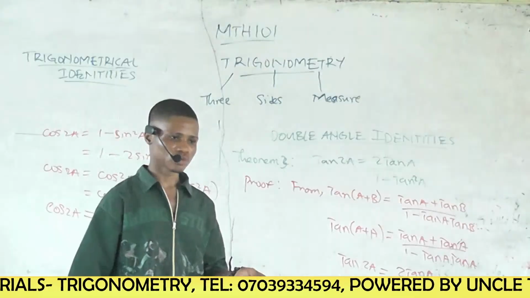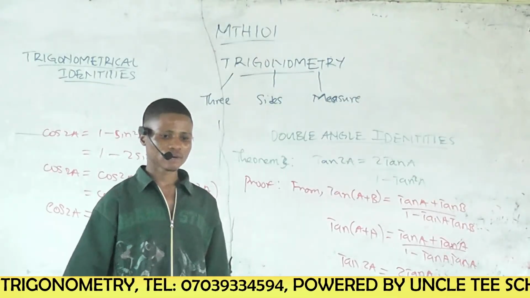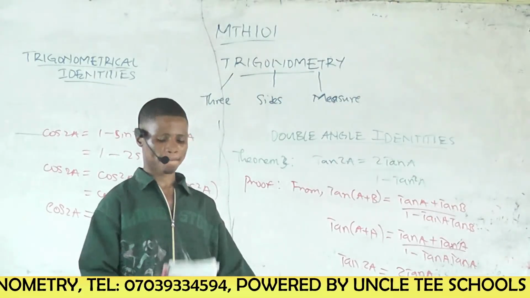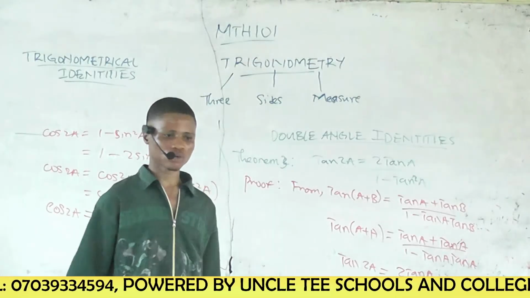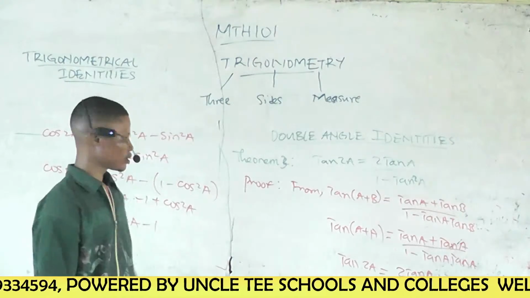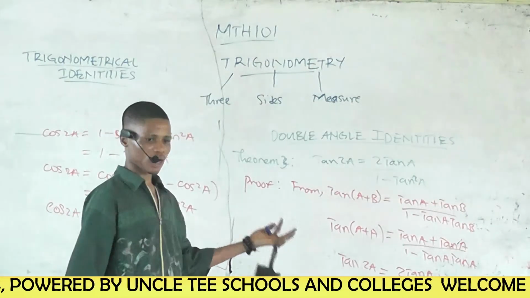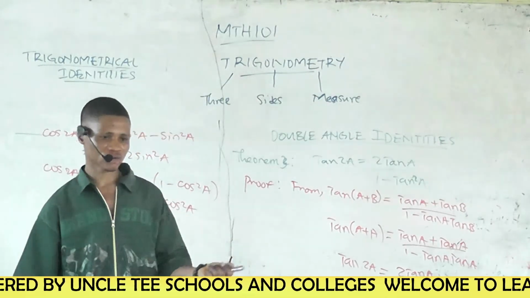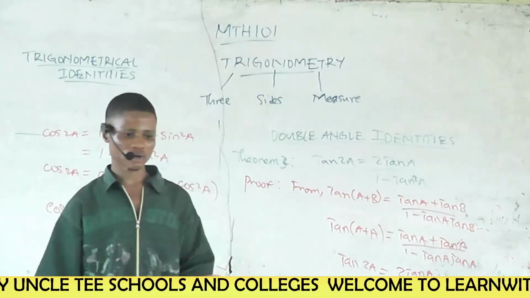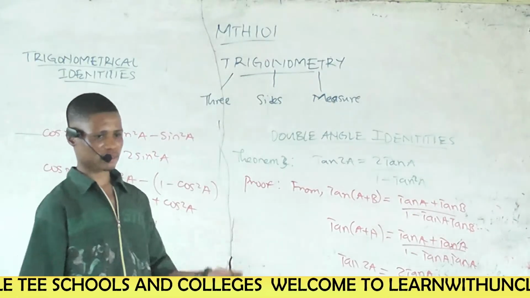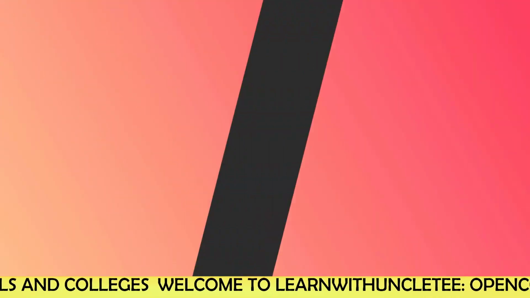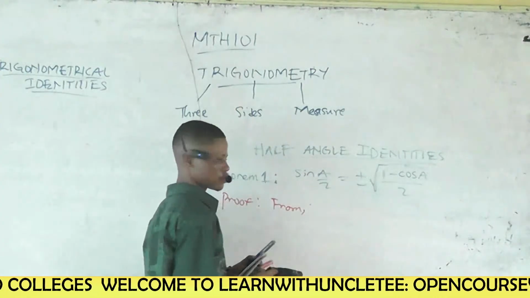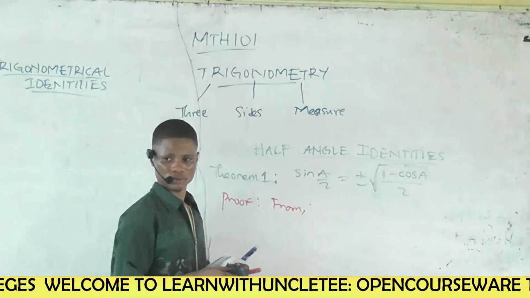Now we move to half angle identities. This is double angle identity. Now we move to half angle identities. Now, let's prove this.